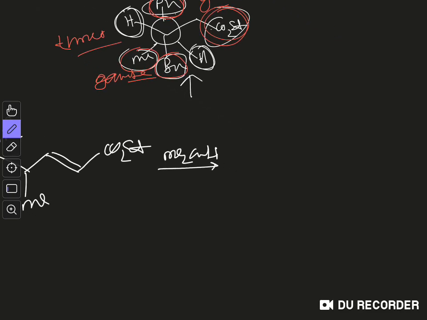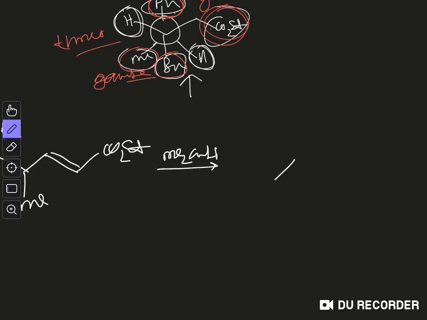According to our previous discussion, we should get this product. So we have this OSiR, this methyl above the plane. Because it is trans, we should expect the addition of the methyl like this.